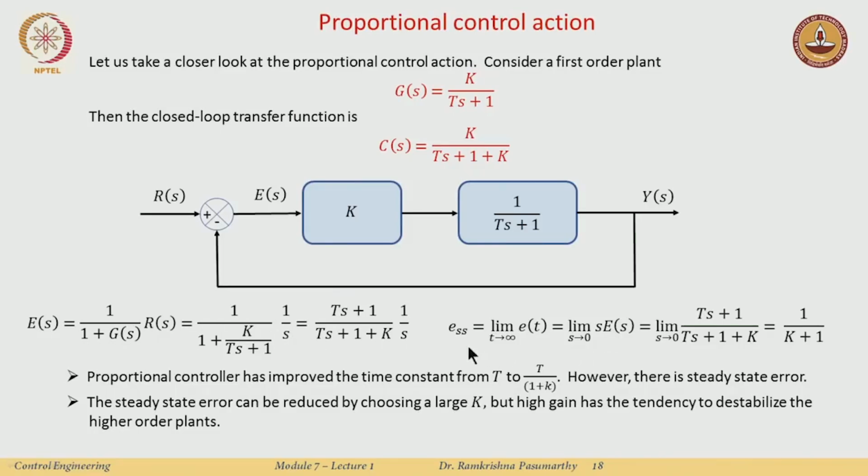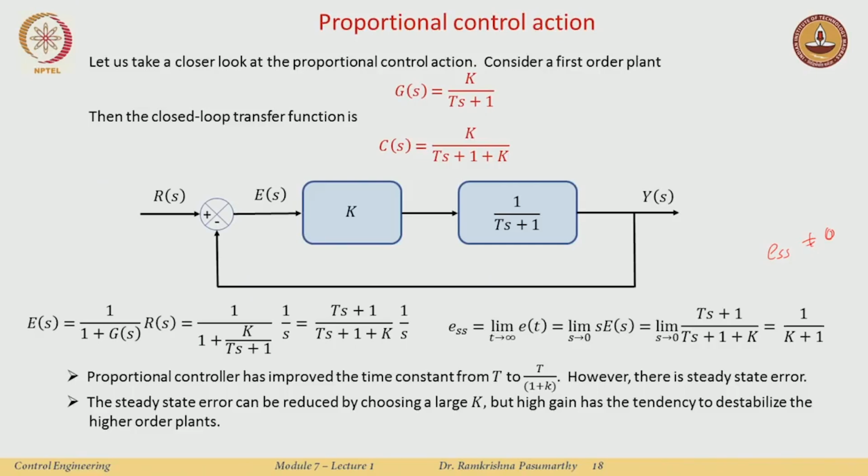By doing all these calculations, which we had done before also, the steady state error is 1 over k plus 1. The first observation is that the steady state error is non-zero. Ideally I would want it to be 0, but it is not 0 in this case.